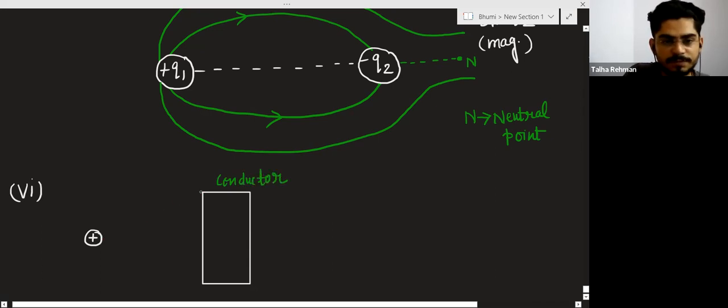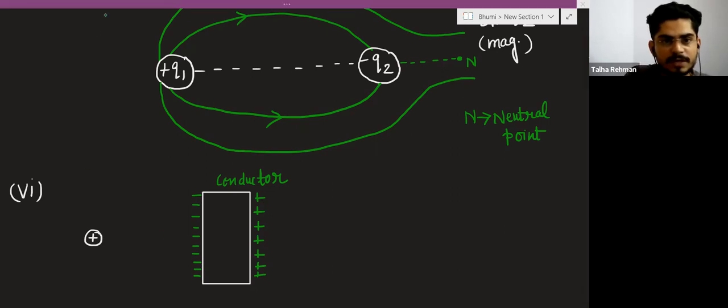Due to this positive charge, negative charge is induced on the surface on this side, and an equal amount of positive charge is induced on this side.